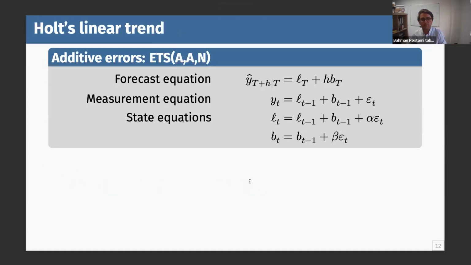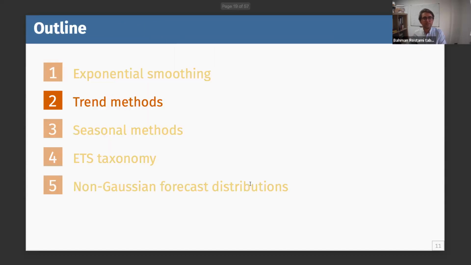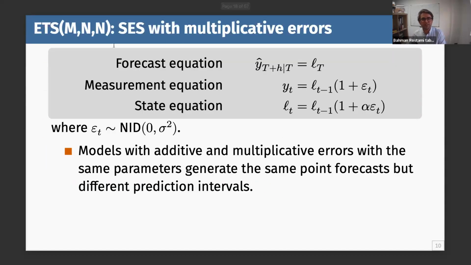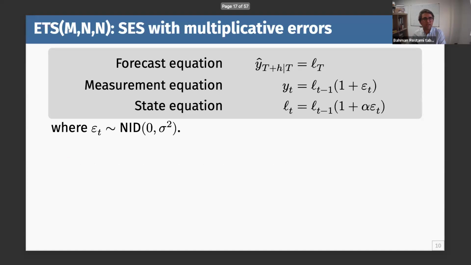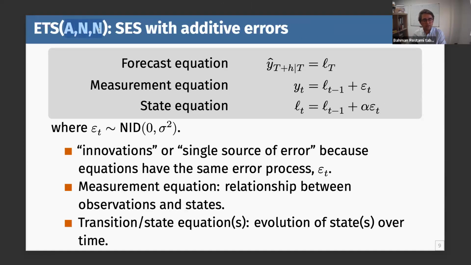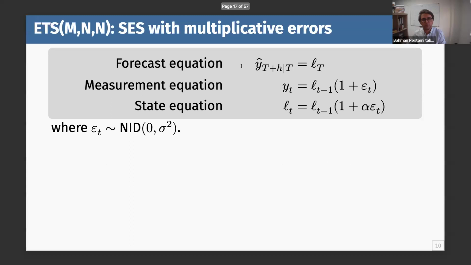Now, what if we have the trend components? Because simple exponential smoothing, or what we have seen here as M and N or A and N, capture only the level. Depending on the value of alpha, it could be more reactive, because remember, if alpha is close to 1, it becomes similar to naive, so it reacts quite a lot.